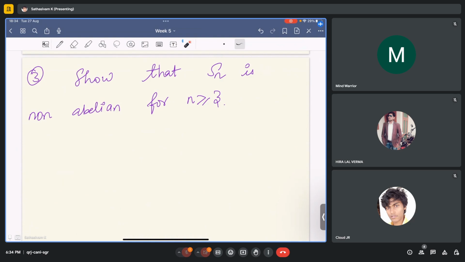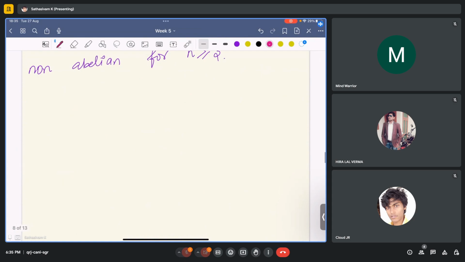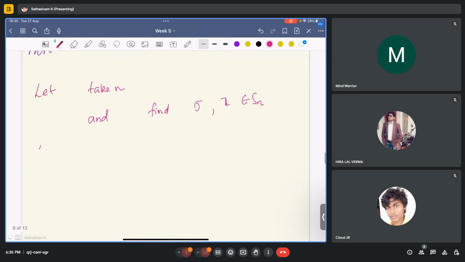So here what we are going to show is Sn is non-abelian for all n greater than or equal to 3. So one way you can do it is you take any n greater than or equal to 3 and then you find two elements, sigma and tau, in Sn such that they do not commute.